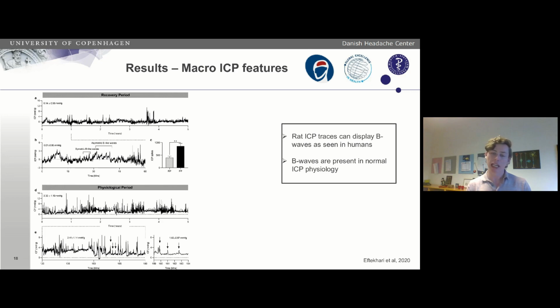However, we see B waves in rodents in a normal situation, and recent evidence has come out to say that in humans we have B waves as well in normal physiology.